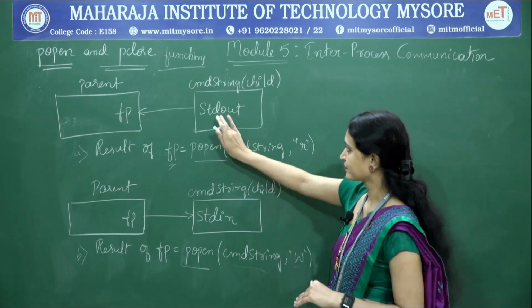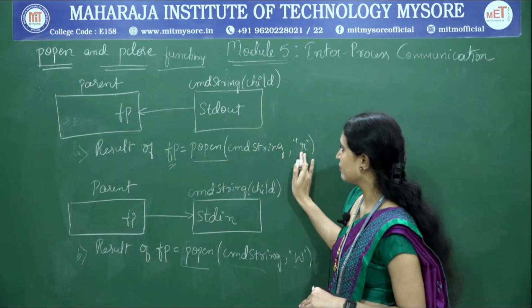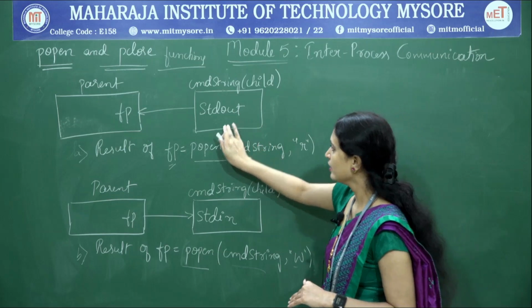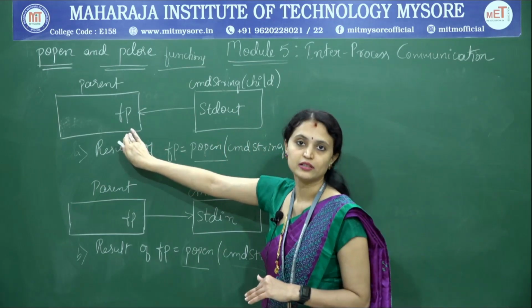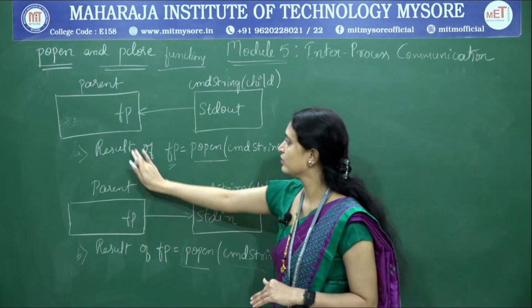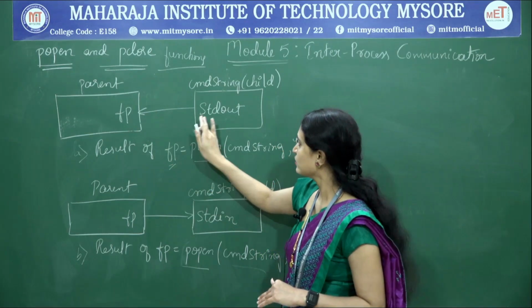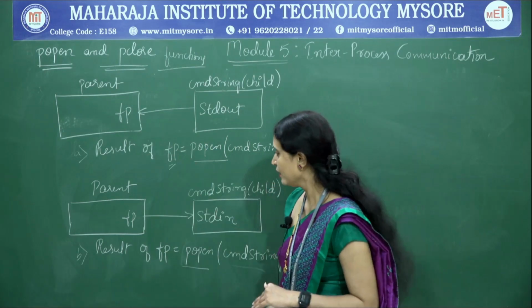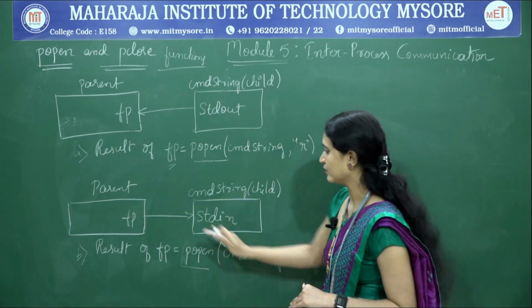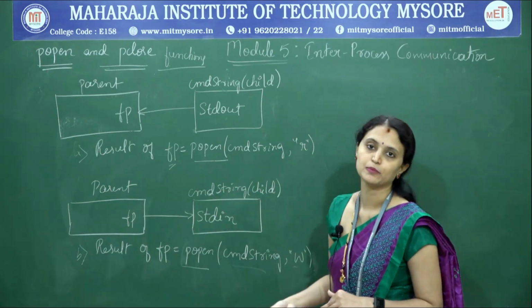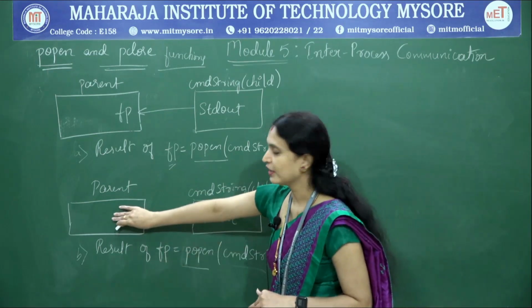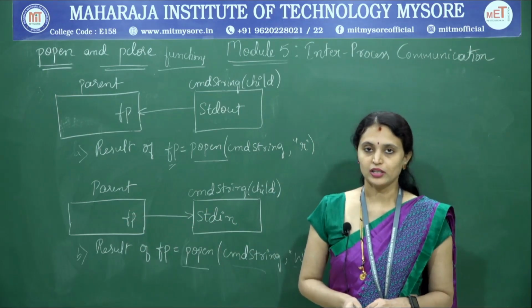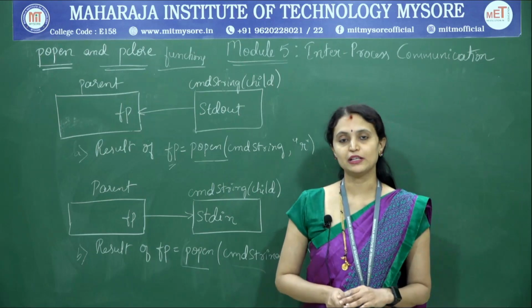Here the first case will be in the reading mode, so from here it has to be passed on to here. In that case, from the standard output it returns the file pointer. Similarly, from parent to child is for writing, so from here to here for writing purpose. So that's why we are writing into this stdin, the standard input. This is all about the popen and pclose functions.